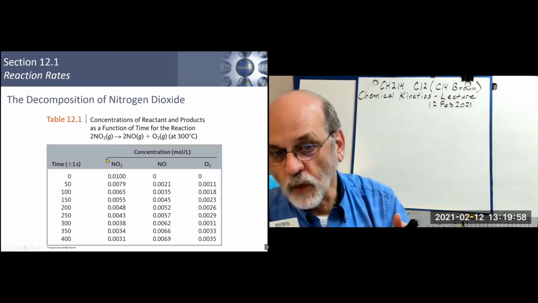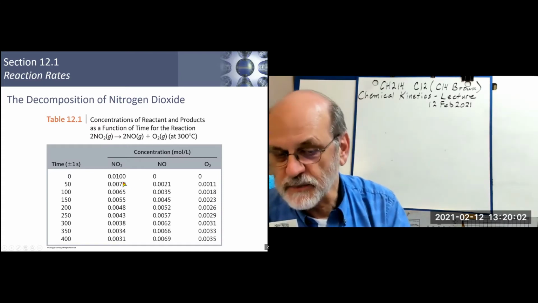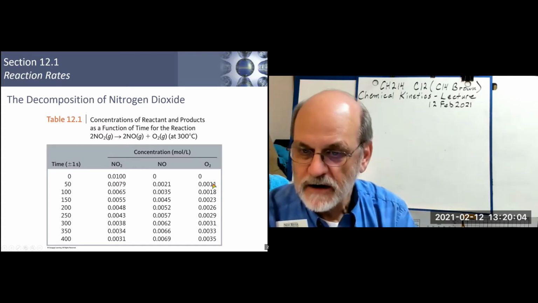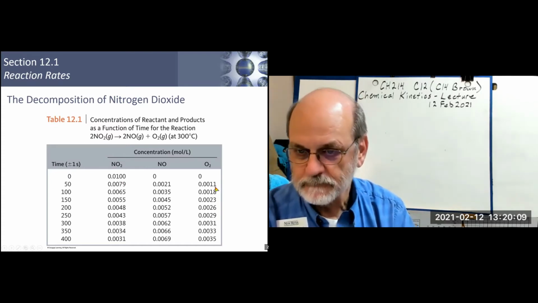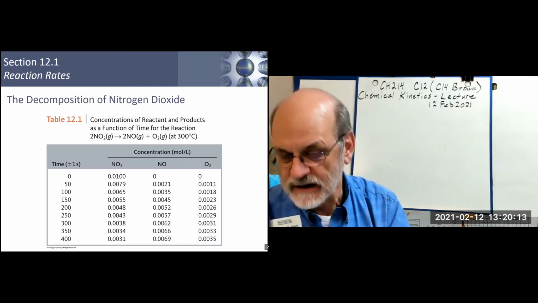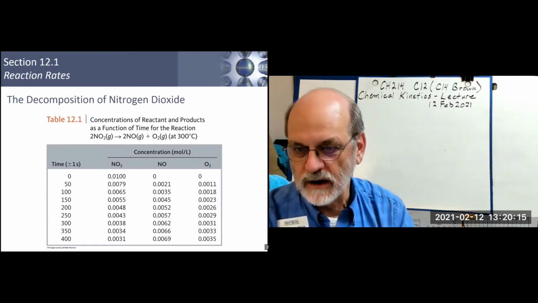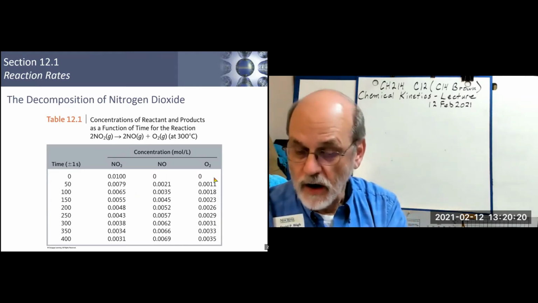If it's 2 to 1, like this one's 2 to 1, then what disappears over here as 0.0021 shows up over here as 0.0011, which is rounded off. It would be 0.00105, but rounded off it's 0.0011. So the ratios here are the same.